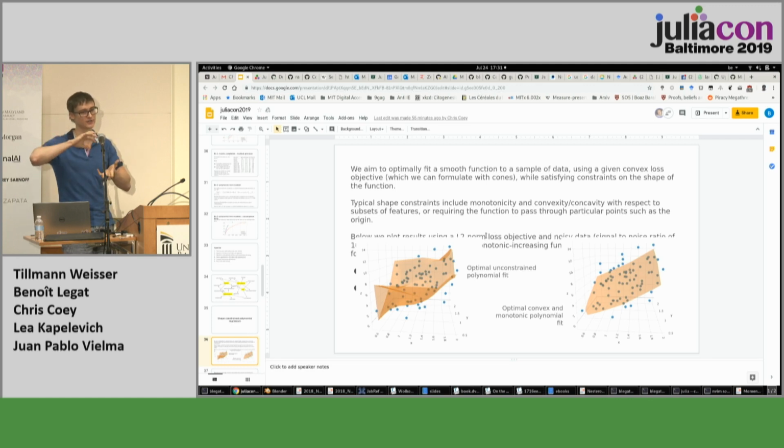Here we're not imposing monotonicity or convexity, though that function is monotonic and convex in reality. On the right, you can see we're not overfitting. We are imposing these conditions, and it's nicely regularized, and it's actually truly monotonic and convex.